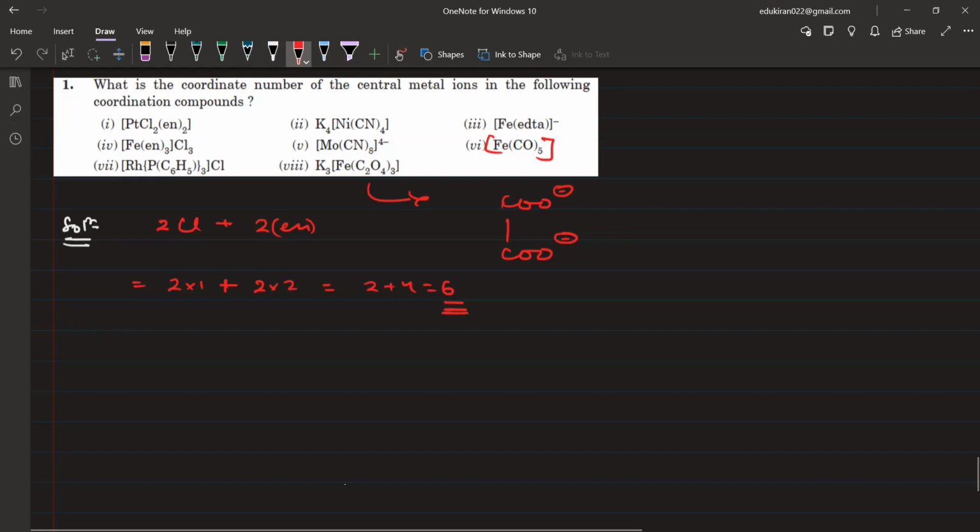I'm writing the answers. For the first one, it was 6. Second one, it is going to be 4. Third one, it is going to be 6. Fourth one, En is what? 3 En. That means 3 into 2, that is equal to 6.